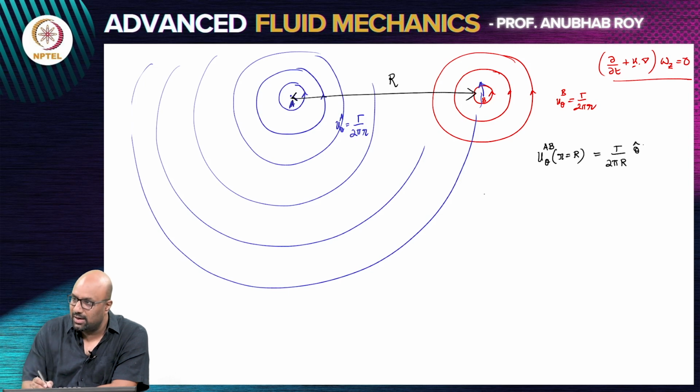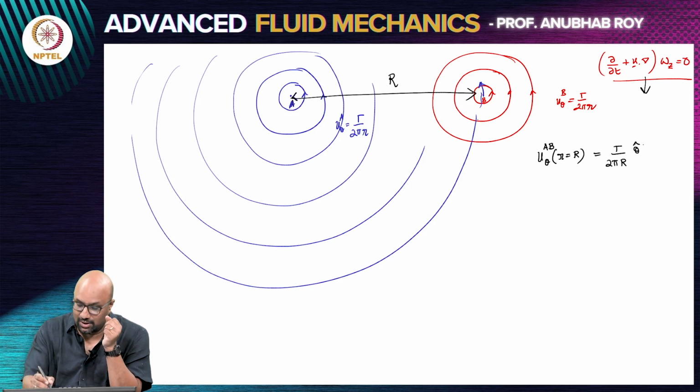So the vortex B, if you just think of this equation, it is now being swept around by a flow that is azimuthal in nature, which has a strength gamma by 2 pi capital R. So as if it was just a small tracer which is now getting swirled around.